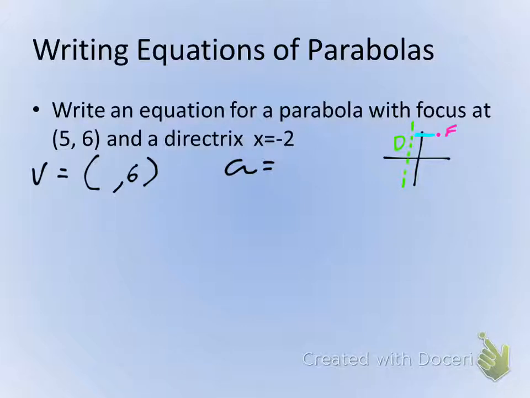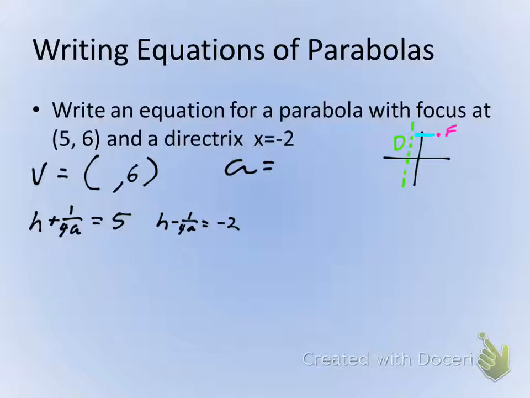So we go h plus 1 over 4a equals 5 for your focus. And from your directrix, h minus 1 over 4a equals -2. Makes sense on where those came from?